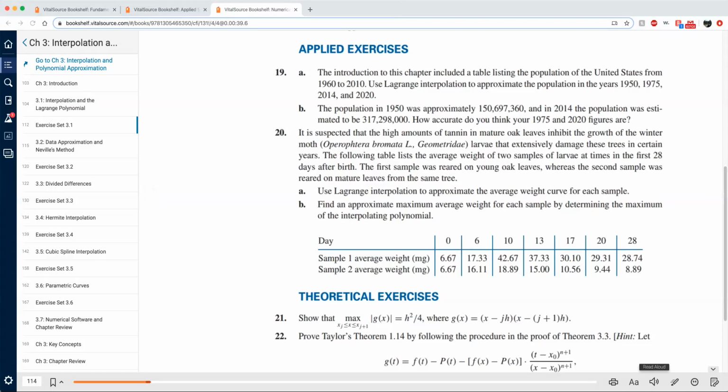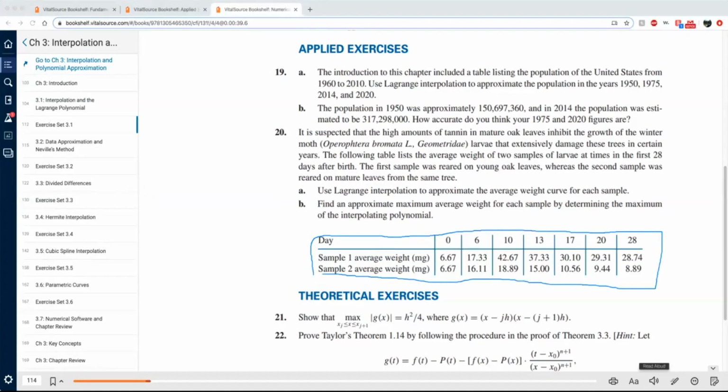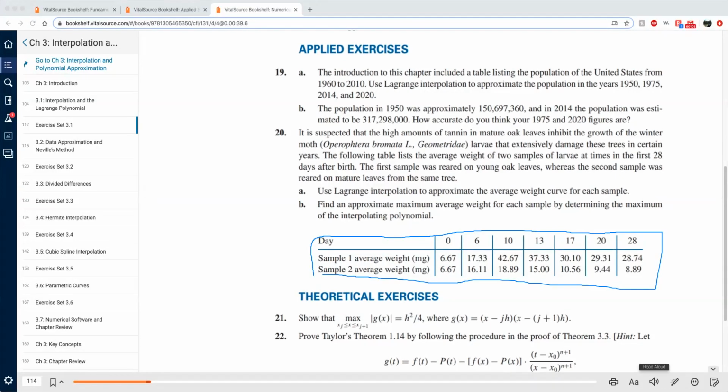As you can see right there, sample 1 average weight and sample 2 average weight are given. Question A: use Lagrange interpolation to approximate the average weight curve for each sample.